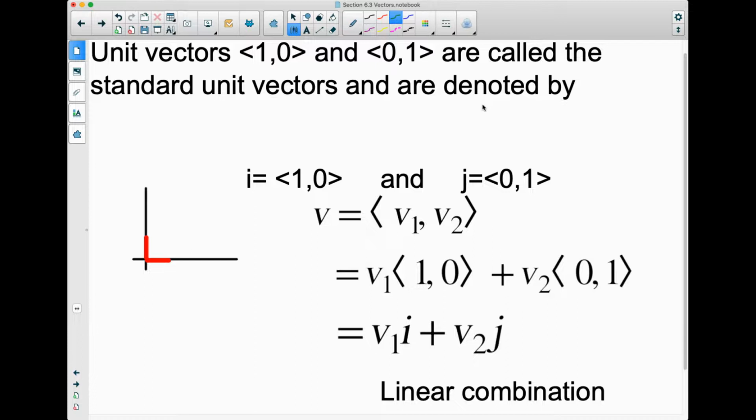You have vector v, so your v1, v2. And you're going to have what's called a linear combination. And that's the first part of your vector with i and the second part of your vector with j. And like I said, it is a whole lot more difficult looking at that than it is actually doing it.